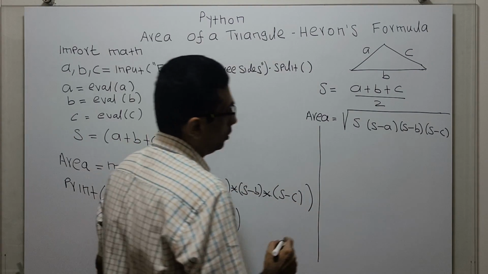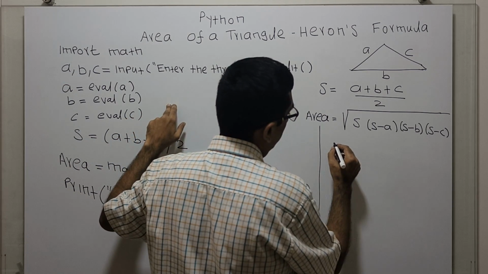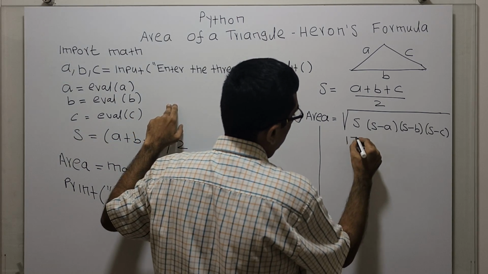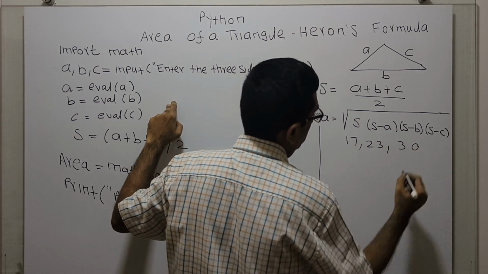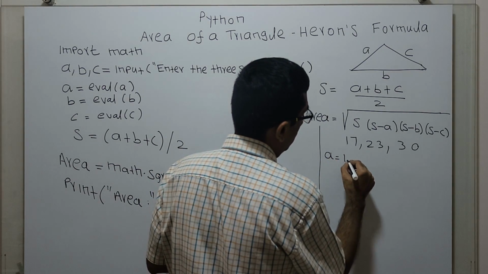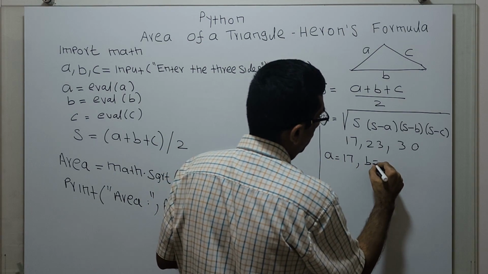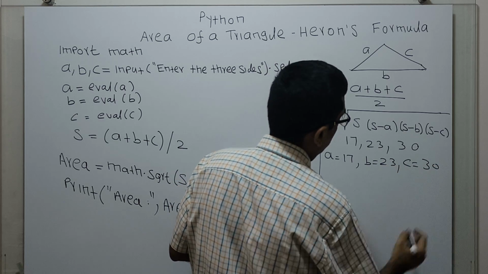Now I am entering 3 values, that is 17, 23 and 30. That means A equal to 17, B equal to 23 and C equal to 30.